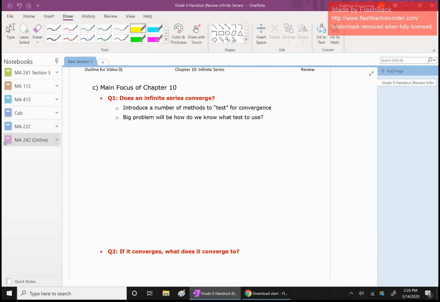So here's the approach we're going to take in Chapter 10. The first question we want to ask is, does an infinite series converge? And to answer that question, we're going to introduce a lot of different tests. So we're going to have some infinite series here. It can start at any place, but I'm usually going to start at 0 or 1, depending on the series. And we're going to want to know, does this converge to some actual number?